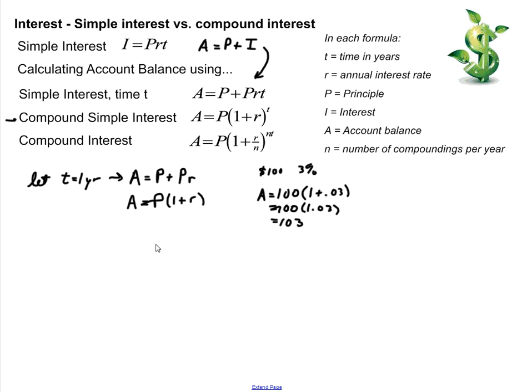Okay, how do I use that? What would happen at the end of the second year? If I wanted to do it for a second year, this is year one, if I just let that $103 ride, that means for year two my account balance is going to be $103 times 1 plus 0.03.